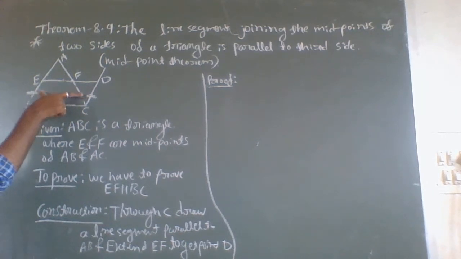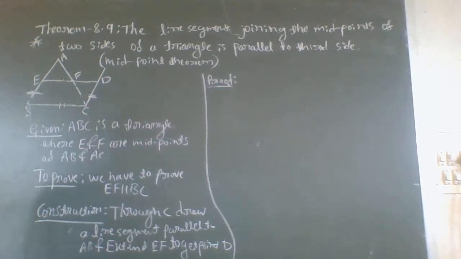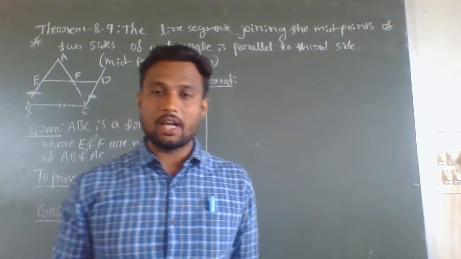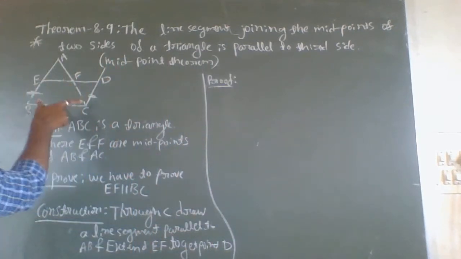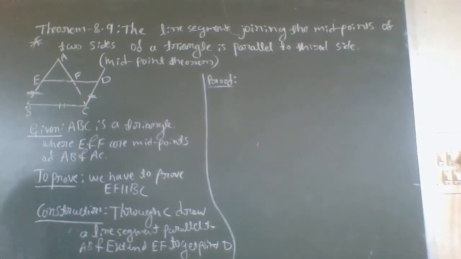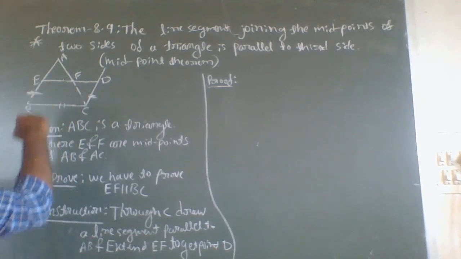Now listen carefully. If these two sides are equal and parallel, then by theorem we know this is a parallelogram. If any two sides of a quadrilateral are equal and parallel, then we can say that it is a parallelogram.